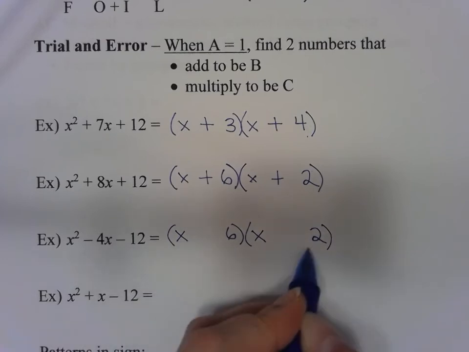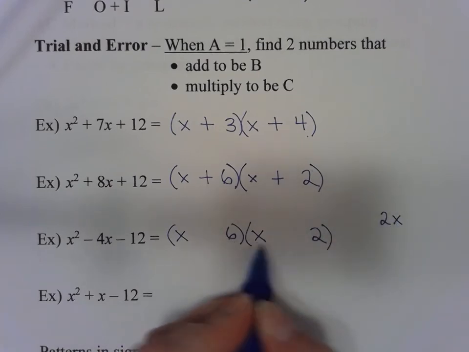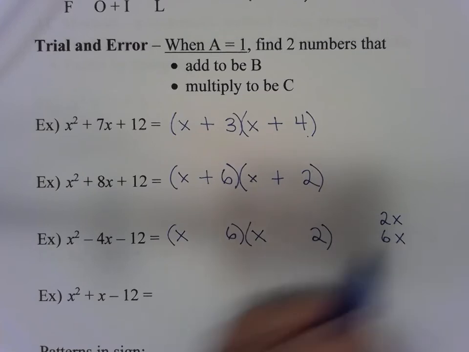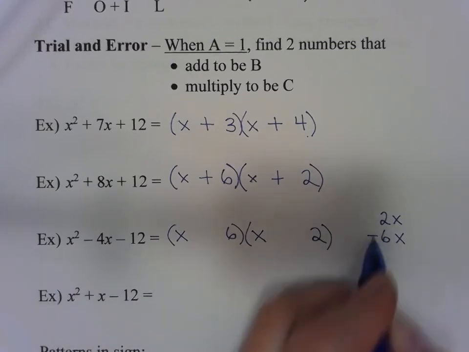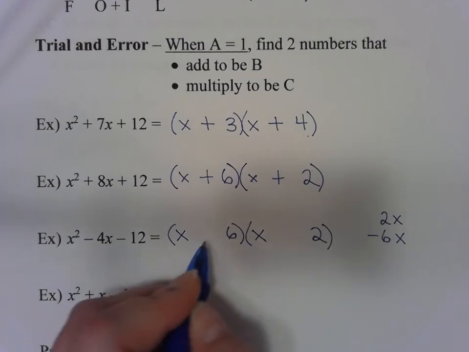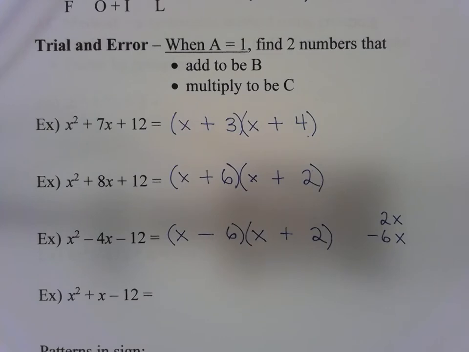So if I multiply these out, on the outside I'm going to have 2x. On the inside I'm going to have 6x. To make it add up to negative 4x, I need the 6x to be negative. And again, you could multiply that out and check yourself and make sure that works.